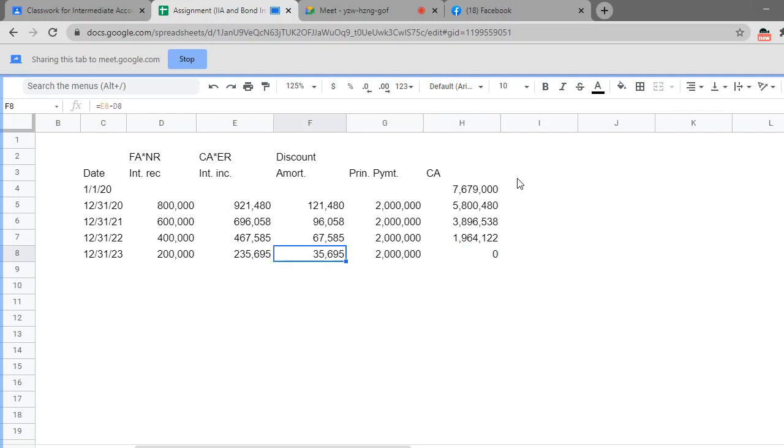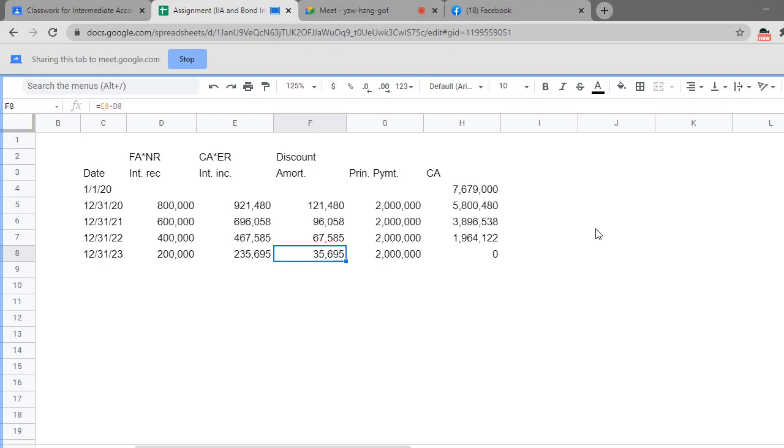Simply put, dapat atong discount amortization will be the difference between the remaining face amount. Pilan lang nabilin nga na face amount, diba 2 million? Therefore, that's the principal payment. The remaining face amount minus our current carrying amount. The difference is 35,878.